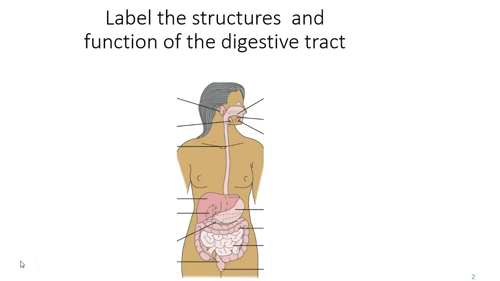Then the liver, its main function within the digestive system, is to process the nutrients absorbed from the small intestines. So bile from the liver is secreted into the small intestine, and this also plays an important part in digesting fat.